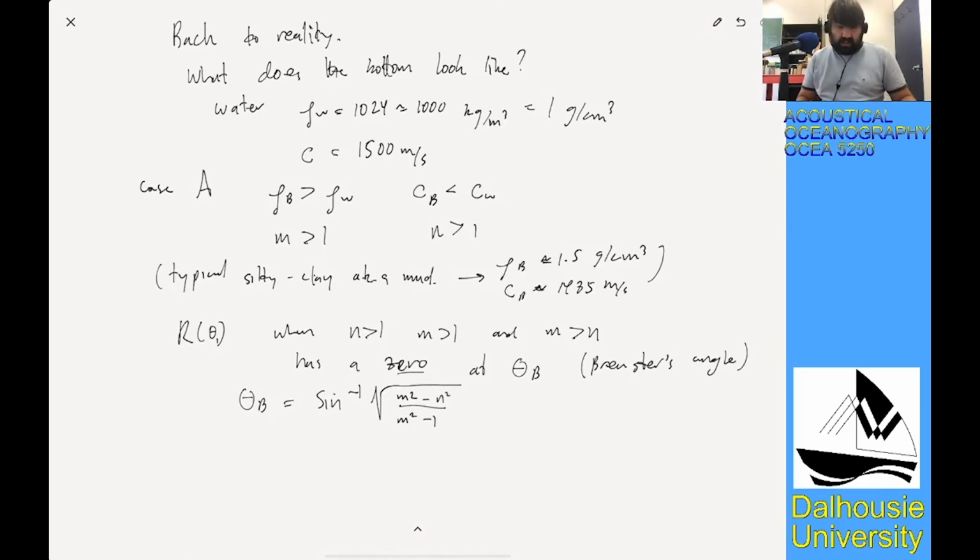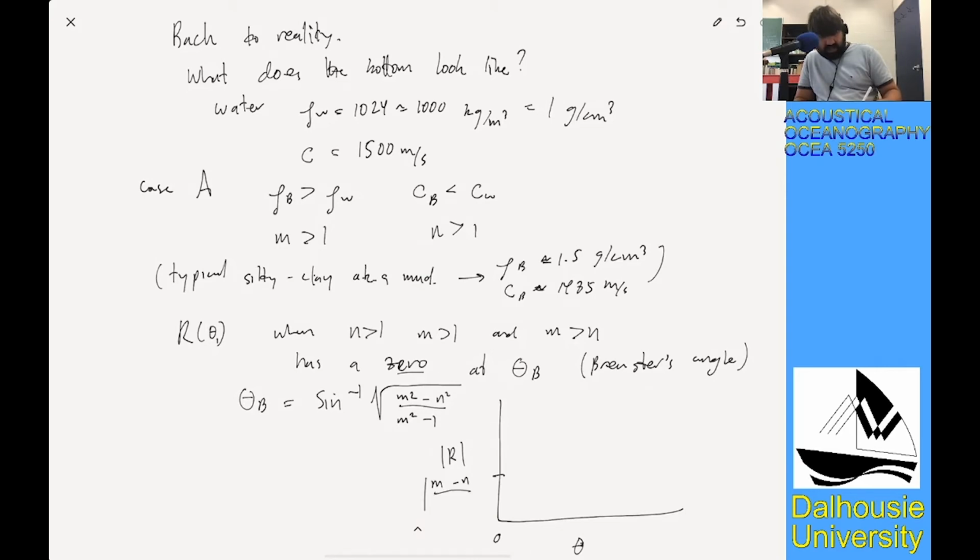And what does that look like if we draw a little figure, where on the y-axis I have the magnitude of the reflection coefficient, and on the x-axis I have the angle? Well, it's easy to see what the value is at theta equals 0. If you look back at the expression, it's M minus N over M plus N. We already said that's the incident angle.